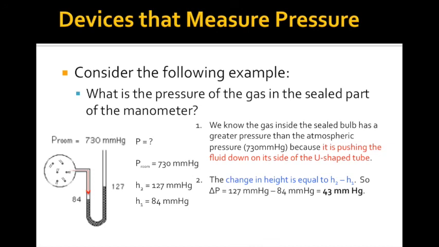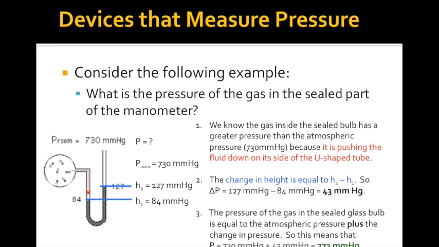So the difference is 43 millimeters of mercury. Now we know that the room is 730 millimeters of mercury. We know the bulb is higher than that. So we take the 730 millimeters and we add the 43 millimeters of mercury to that and get 773 millimeters of mercury. That's the pressure in the bulb.